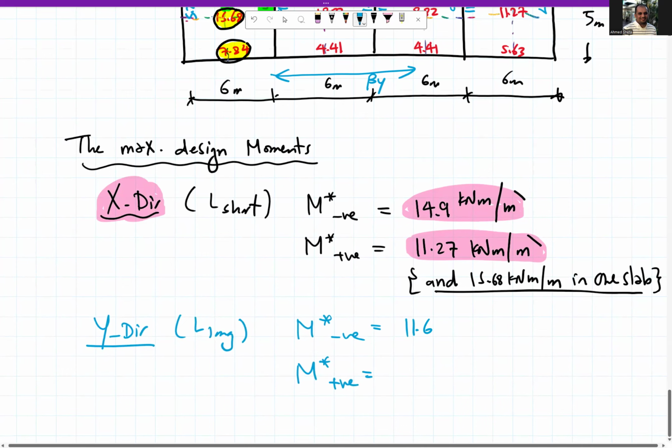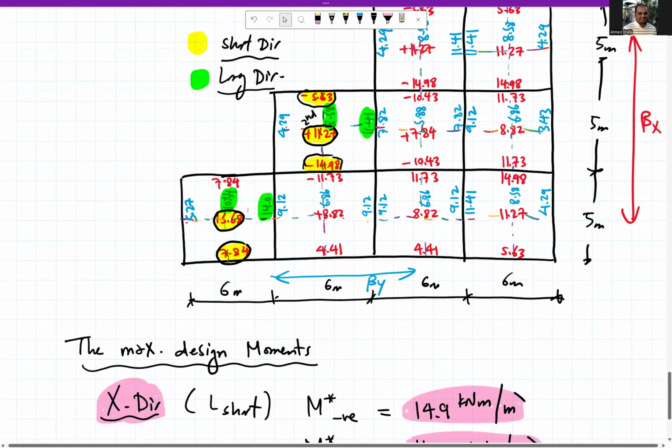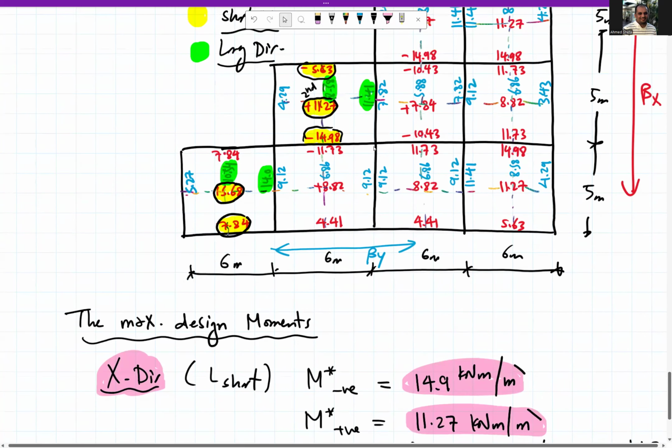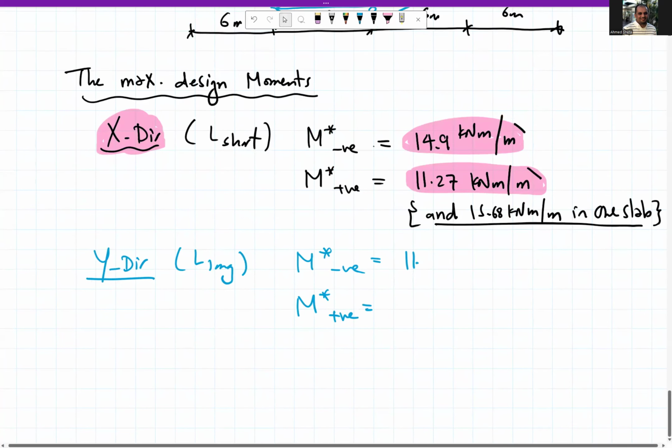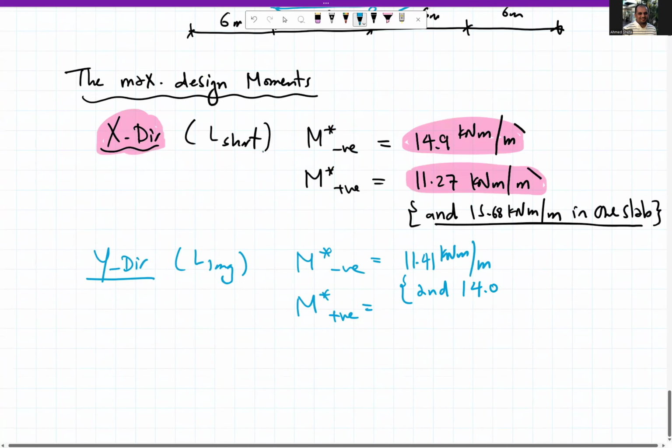We have 11.41 kilonewton meter per meter, and we have a value of 14 kilonewton meter per meter only at one slab.